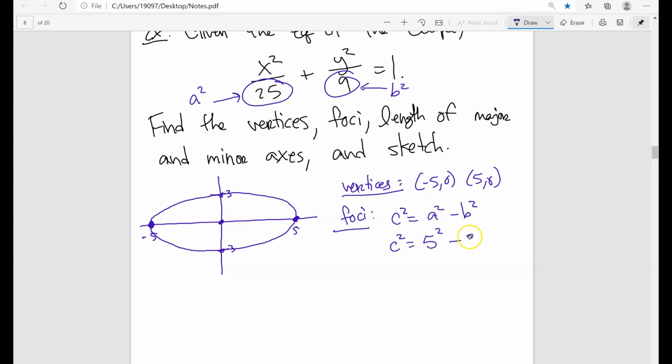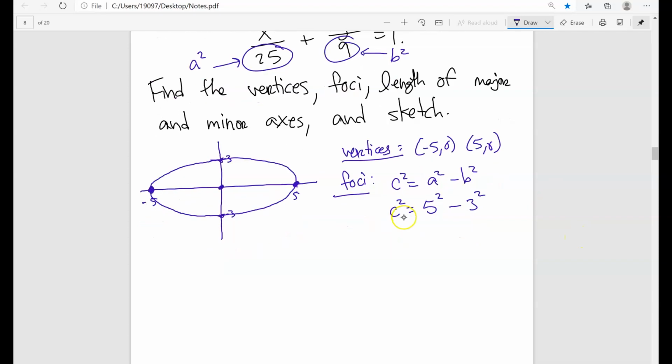I know what b is, that's 3 squared. So c squared equals 25 minus 9, which gives me 16. So c equals plus or minus 4. So along this side, the foci are going to be right there: negative 4, 0 and 4, 0.